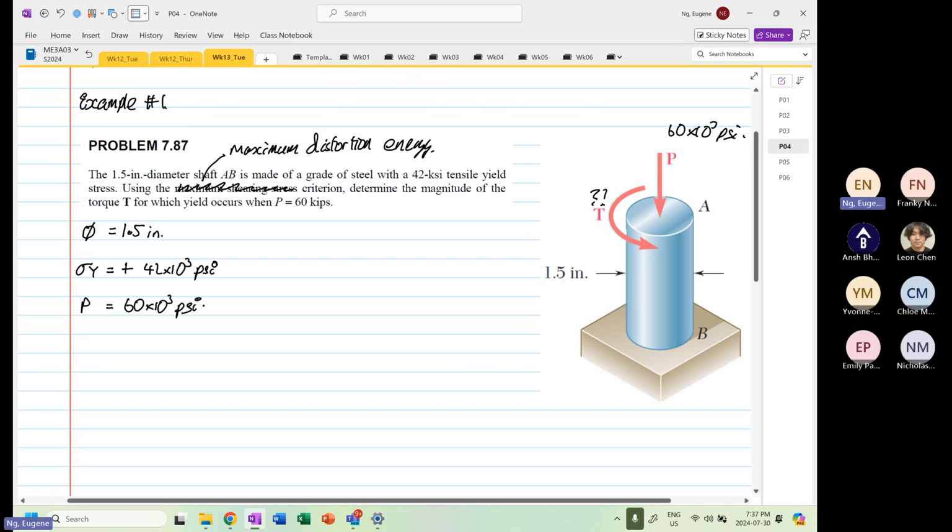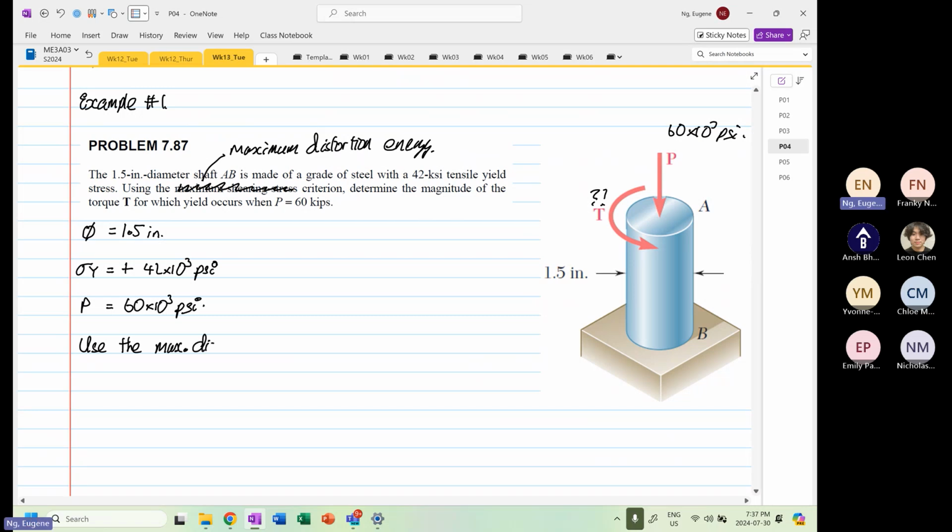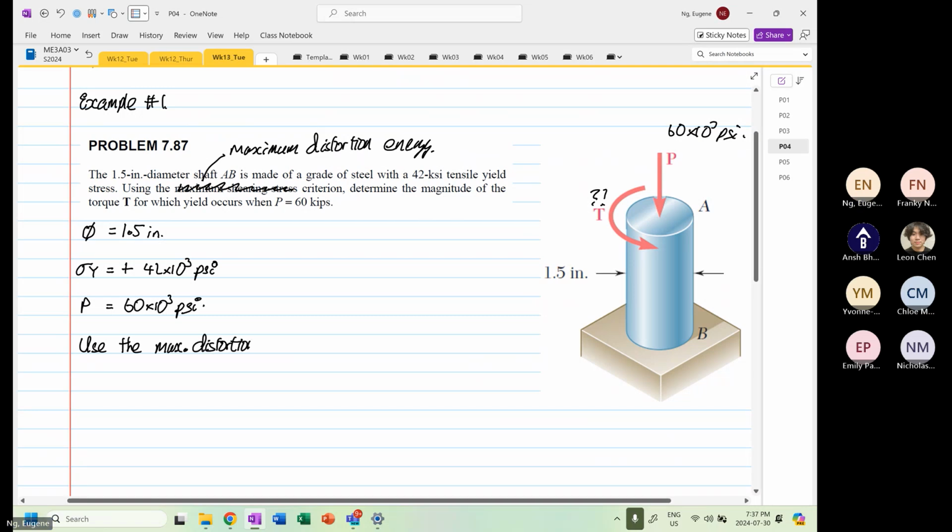So we are going to use the maximum distortion energy, which states that stress A squared minus stress A stress B plus stress B squared must be less than our stress yield squared.